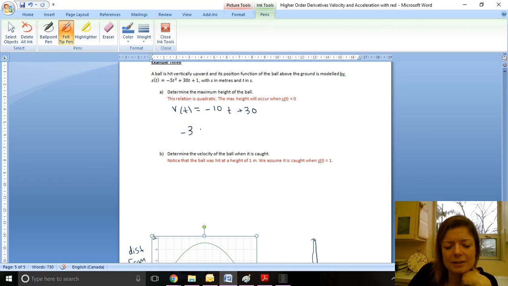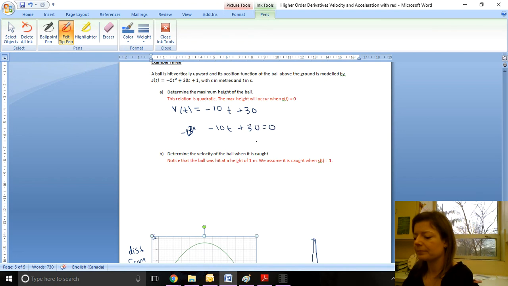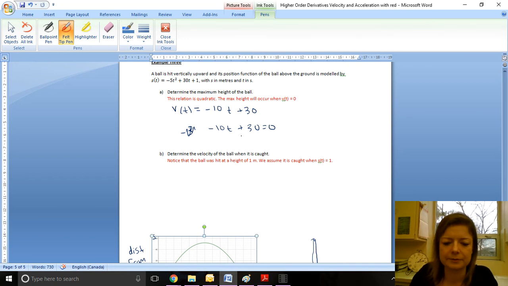So now you just solve -10t plus 30 equals 0, which gives us t equals 3, which is, as you can see, a lot quicker to find than going and doing all of the quadratic problem solving. Okay, so then the maximum height of the ball is s at 3, which is 46 meters. So that's the maximum height of the ball.